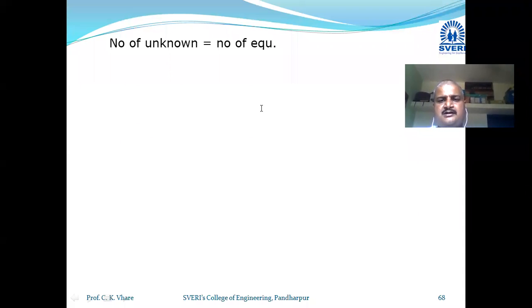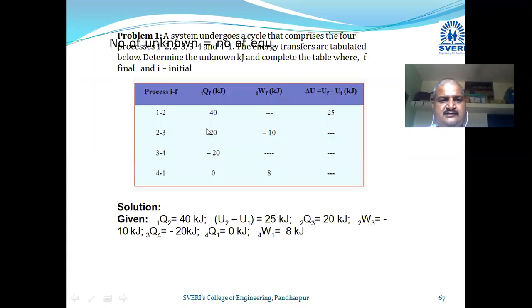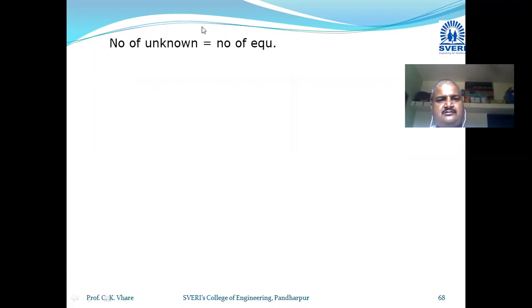Here we will go to the previous slide and see what we have to calculate. The first thing is process 1 to 2.